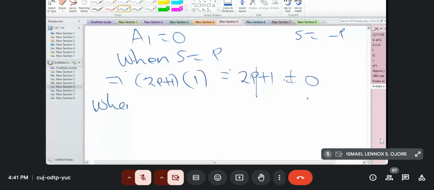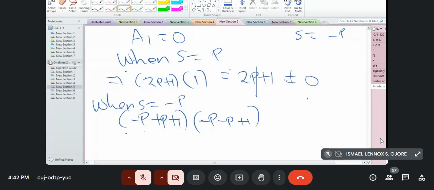Same thing when s equals minus p. Then s plus p plus 1 will be minus p plus 1. S minus p plus 1 will be minus p plus 1. So you have 1 times minus 2p plus 1.